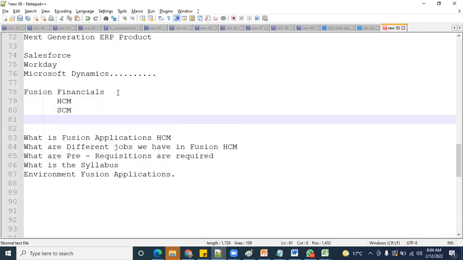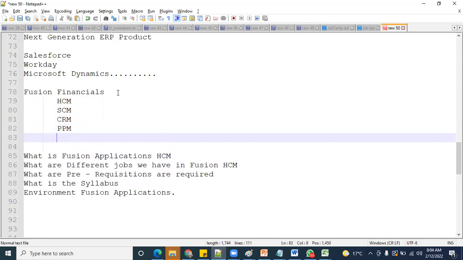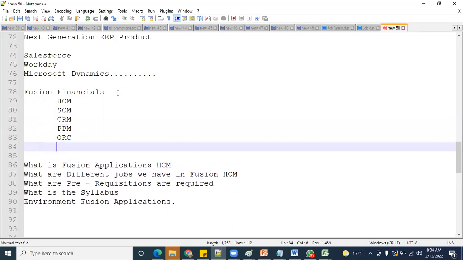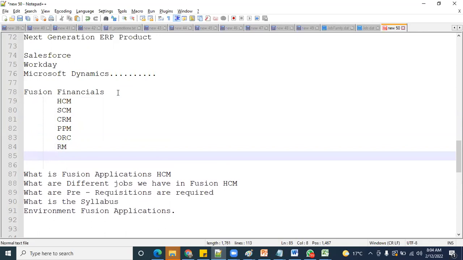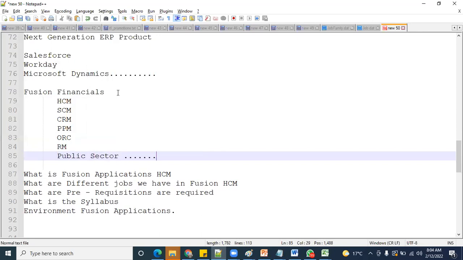And there will be CRM, Customer Relationship Management, Project Portfolio Management, Oracle Recruitment Cloud, Risk Management, and different domains. Public sector is also there. A lot of management tools.